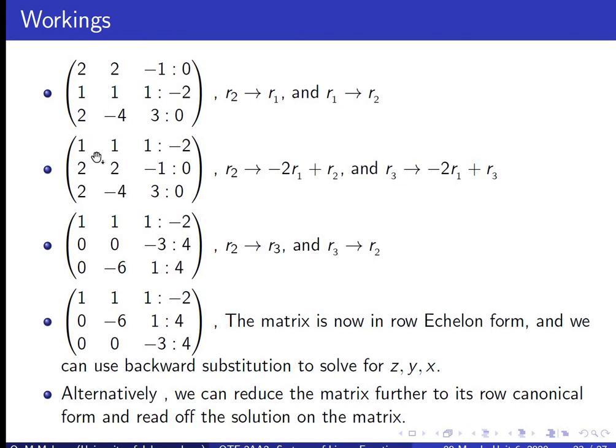For instance, in column 1, my objective is to get the 2 and 2 to be 0, right? And for this entry here, my objective is to get this to be 0. Obviously, 3 is my last pivot and there's nothing underneath, and once I get to 3, I stop. So in echelon form, the objective is to get the entries below my pivots to be 0.